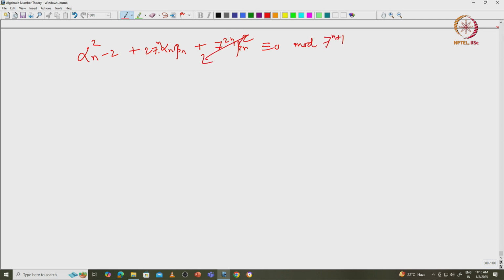But the last term is 0 mod 7 to the n plus 1, and the rest is divisible by 7 to the n. So, I can rewrite this as alpha n squared minus 2 by 7 to the n plus 2 alpha n beta n is congruent to 0 mod 7.